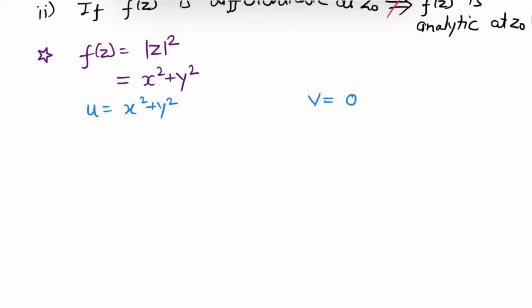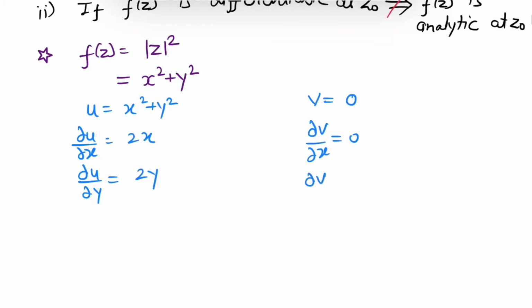Now let's find its partial derivatives. So del u over del x is 2x and del u over del y is 2y. And del v over del x is 0 and del v over del y equals to 0.